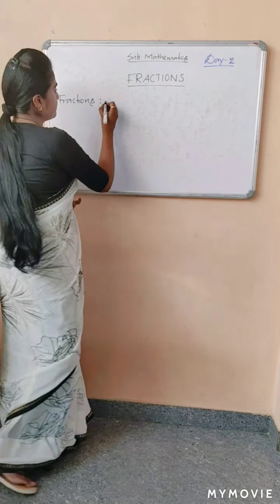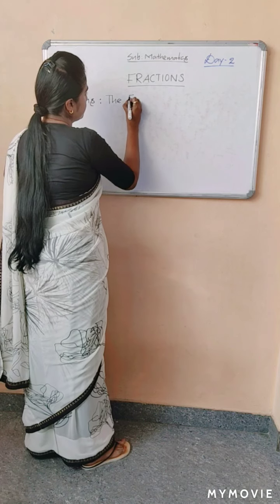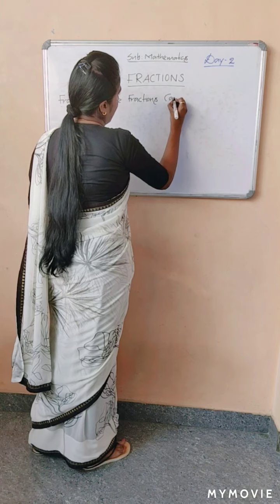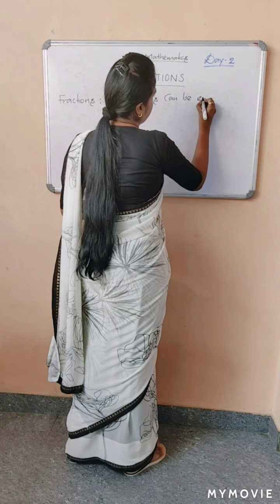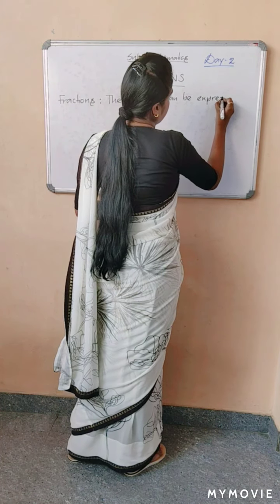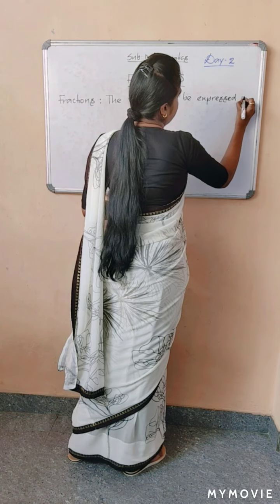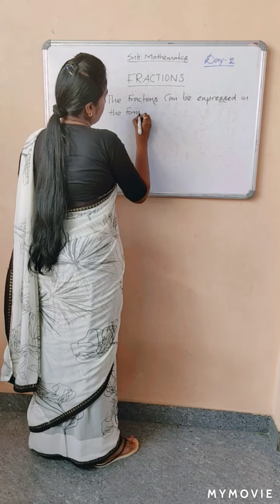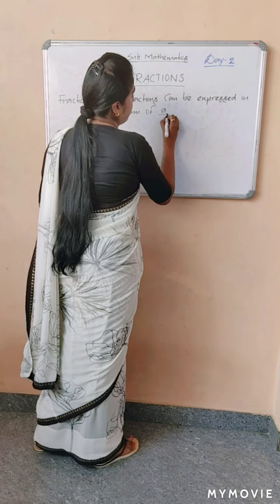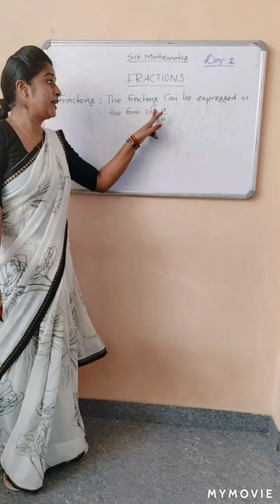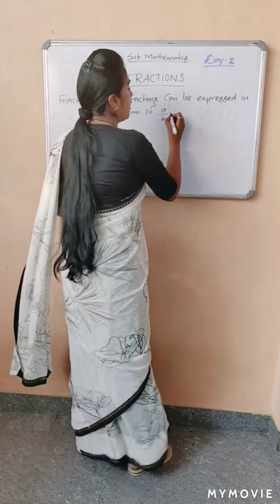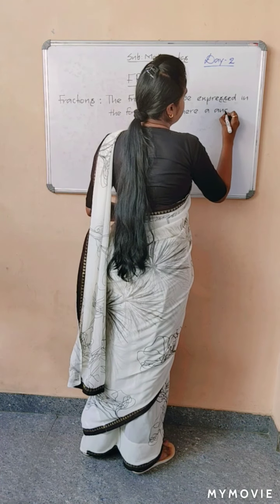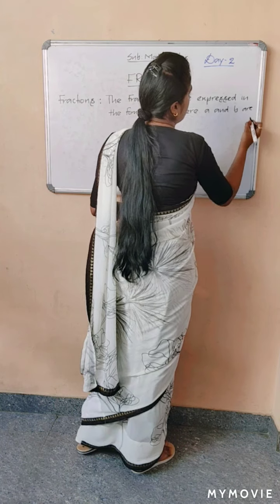The fractions can be expressed in the form of a by b, that is numerator by denominator, where a and b are what?